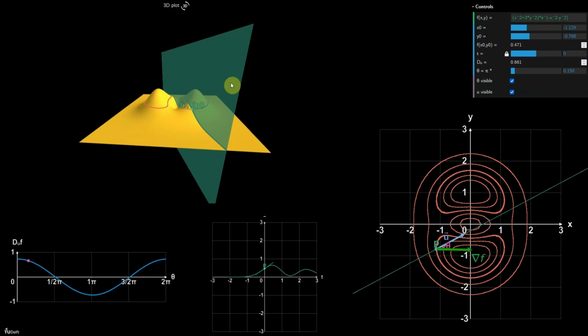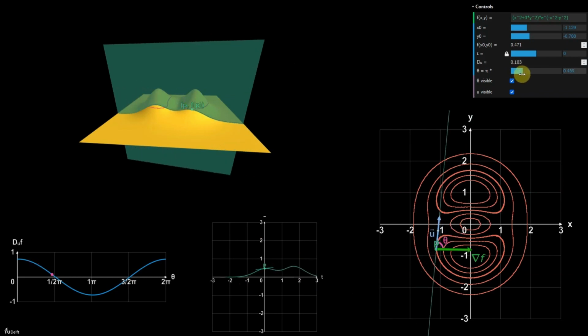The green plane is the vertical plane in the direction of the vector u in which we take the directional derivative. And down here you can see the intersection of the green plane and the graph. In other words, the slope of this graph is the directional derivative in the direction u.